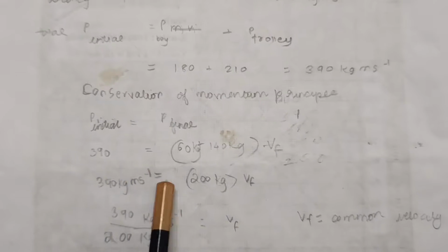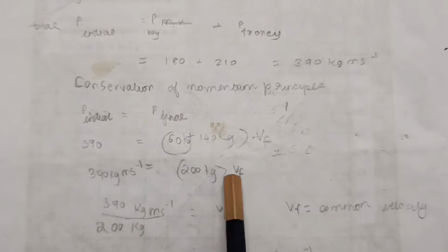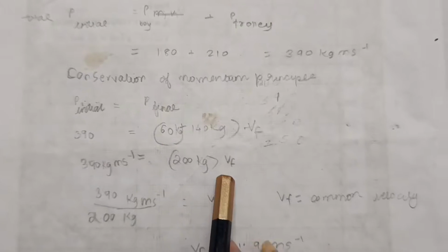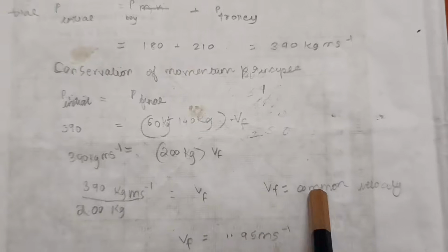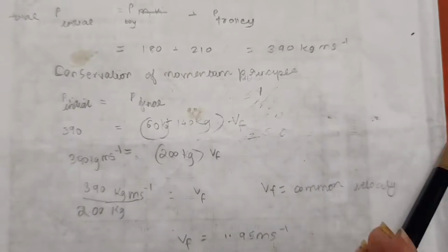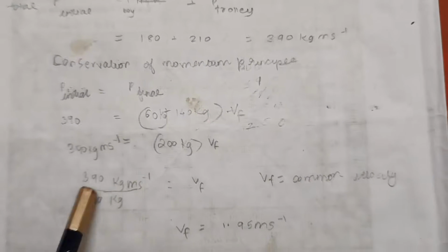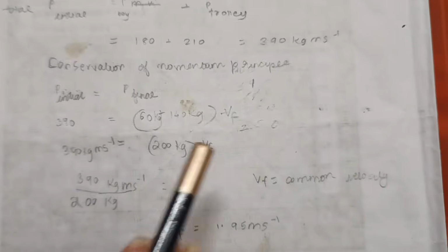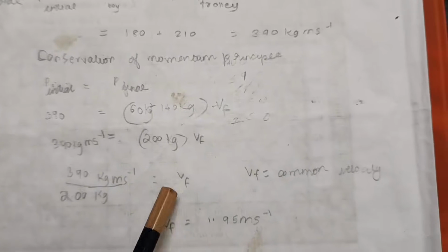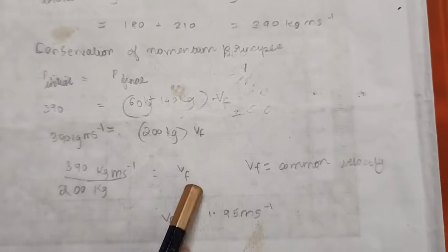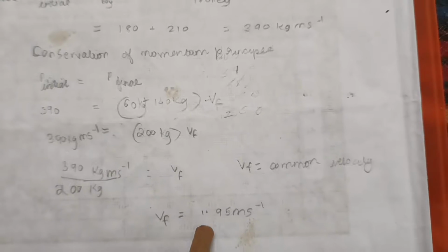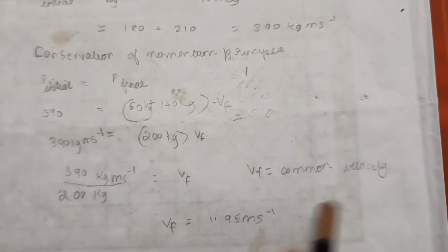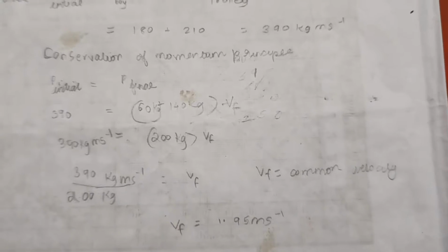So 390 is equal to 200 kg multiplied by the final velocity. We know the final velocity is the common velocity of both the trolley and the boy. So 390 kg m s^-1 divided by 200 kg is the final velocity. After solving we get 1.95 m s^-1.